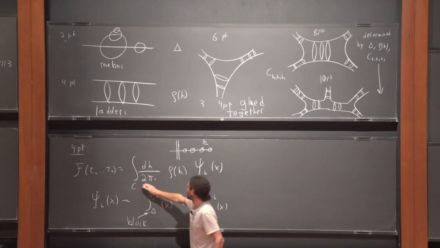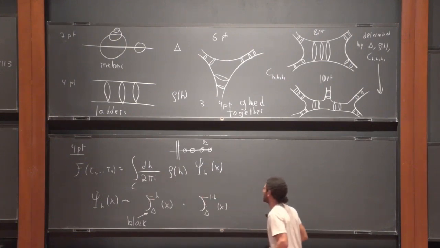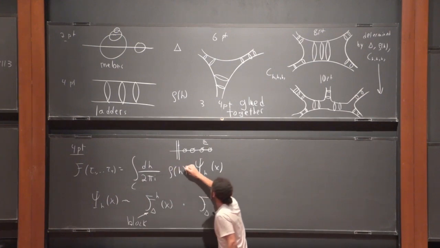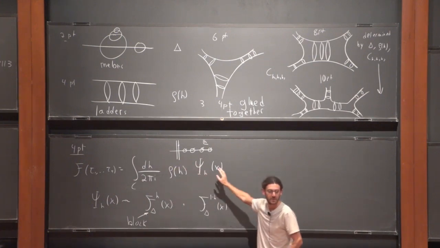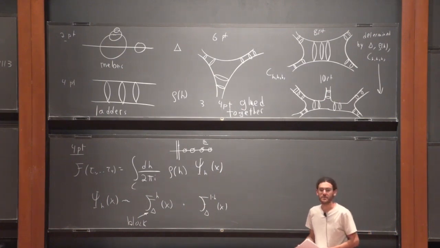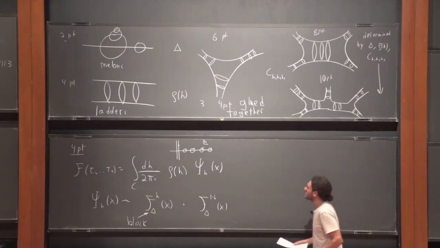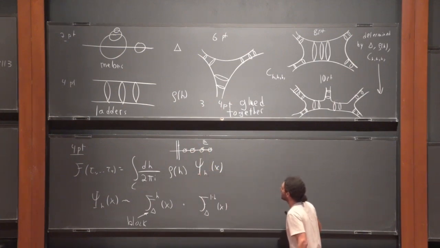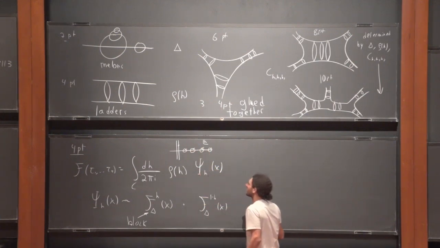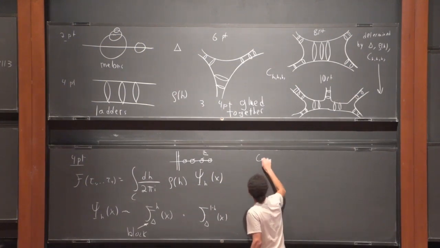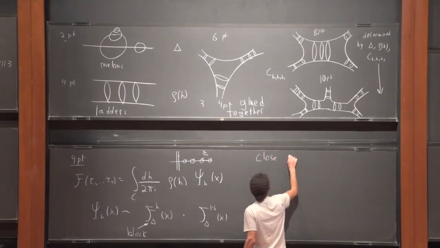So this is the contour appearing here. So the contour is not running over the physical dimensions. It's just the dimensions, these principal and discrete series, which are determined by representation theory. But what we can do is close this contour and pick out the poles of rho of h, which sit at the dimensions of the physical operators.